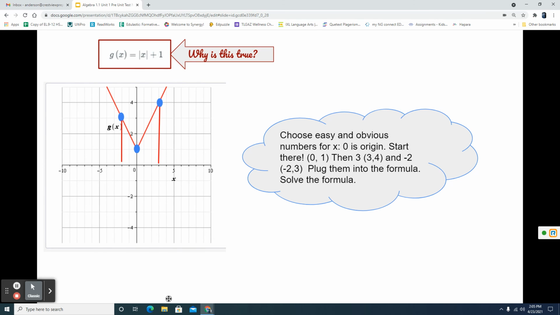Why is this one true? Take a look at the coordinates that I gave you. Look at where those numbers fall. So y is a function of x, meaning your y value, equal to the absolute value of x plus 1.